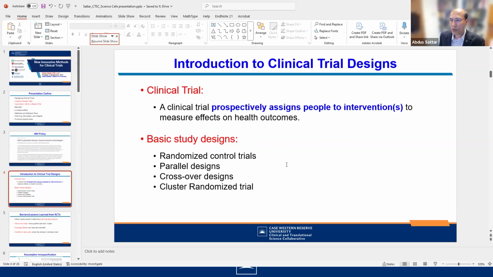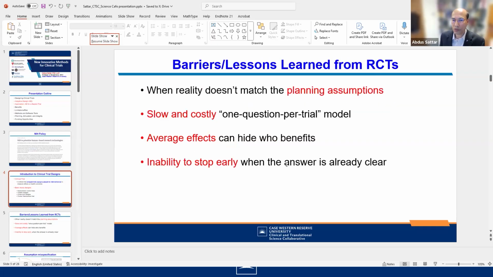What we have learned from these basic clinical trial designs is that they have some limitations. The limitations or lessons that we learned from these RCTs, not only from me but from the literature, are that reality doesn't match the planning assumption.